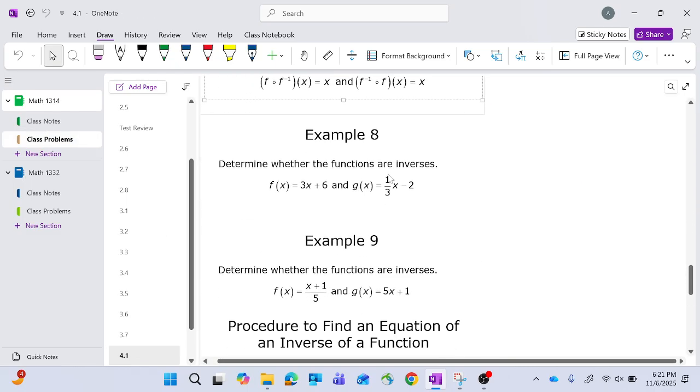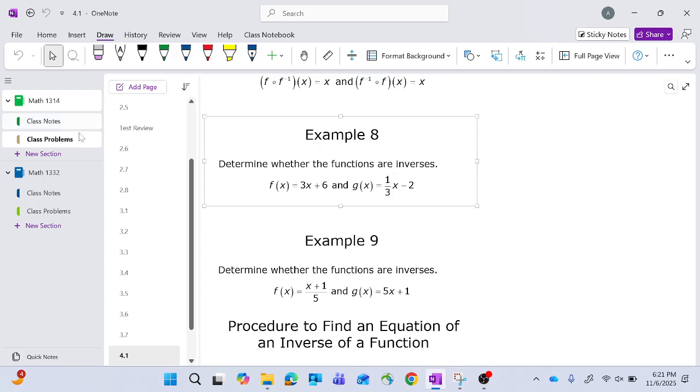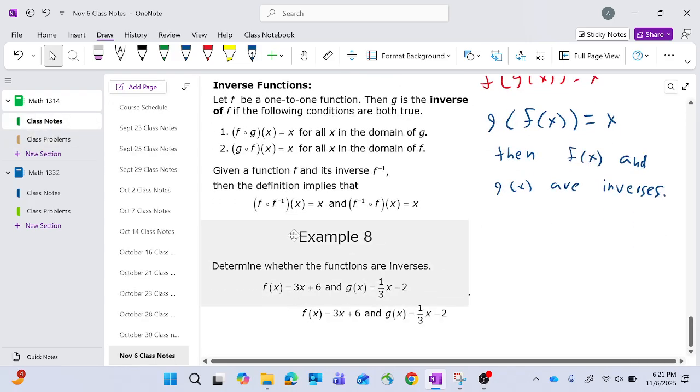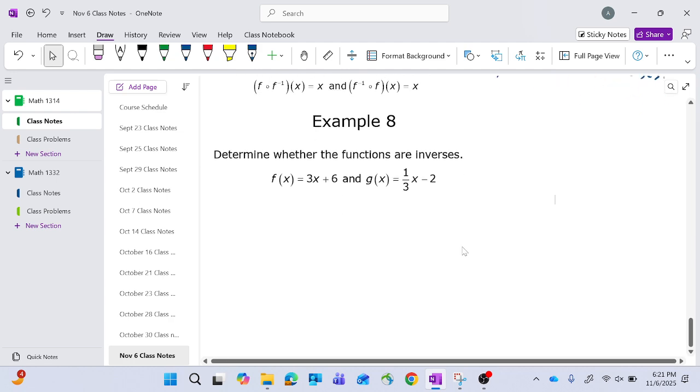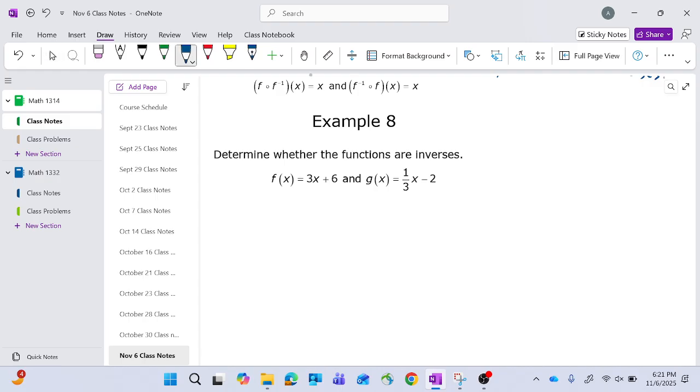So we're going to do a few examples. So we have f of x and g of x. I want to determine whether these are inverses or not. So this can be a little confusing and hard to track. So what I like to do to make it a little simpler is I like to kind of color code it and do everything step by step. All right, so we'll actually do green and red. Okay.